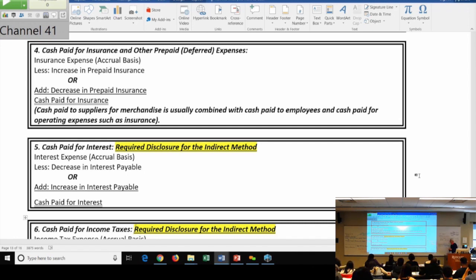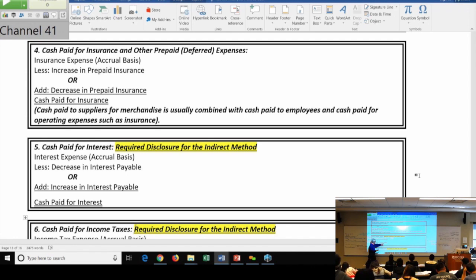So let's say you had interest expense of 500, you paid 300 in cash, and interest payable goes up by 200. There's an increase. Now, the issue is, you don't necessarily see this, but what if I told you that the expense here is 500, and there is an increase in interest payable.